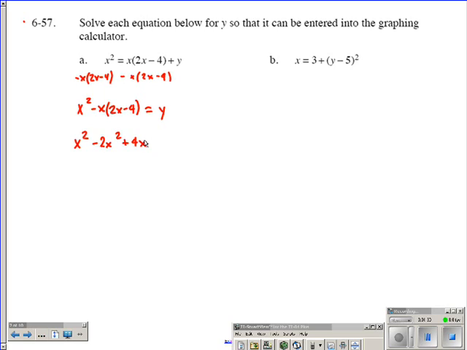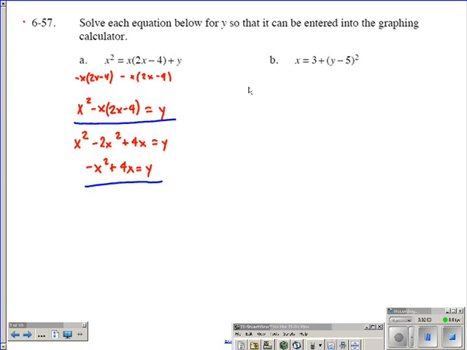When we combine our like terms, we'd have negative x squared plus 4x equals y. But if you're just trying to get y by itself so that you could enter it in the graphing calculator, graphing this would give you the same thing as graphing the other. So either of those two expressions would work fine.